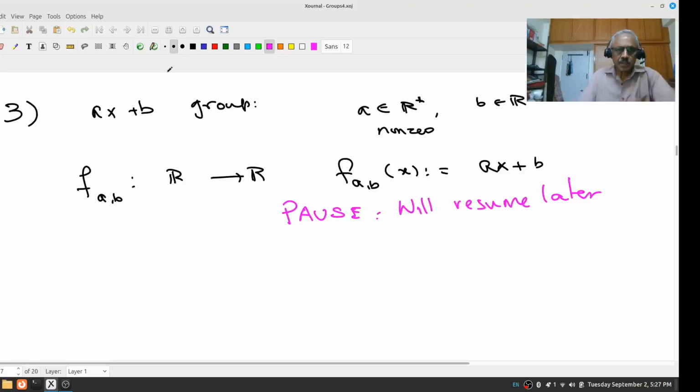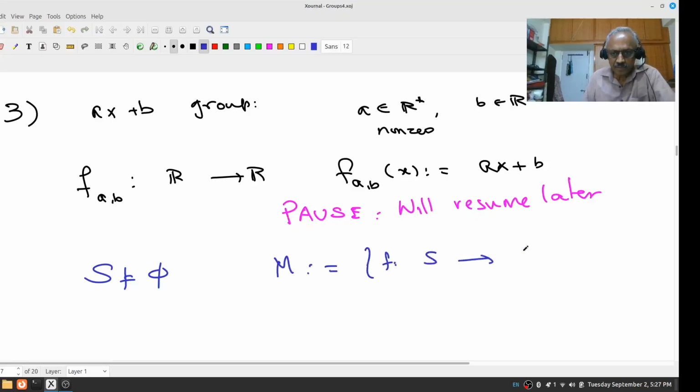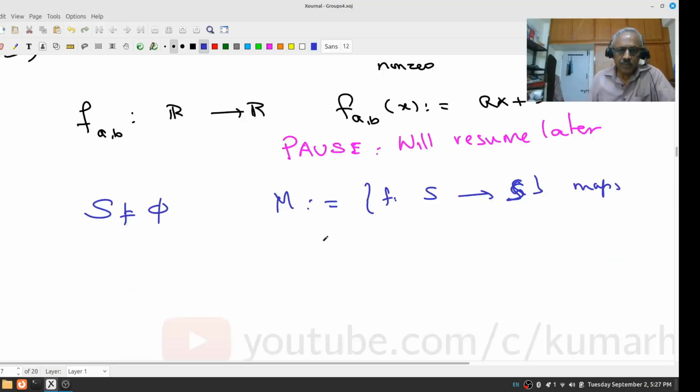Okay, now come back. So, let S be a non-empty set. Let us look at the monoid M, which is the set of all functions from S to S, all maps. And what is the operation?